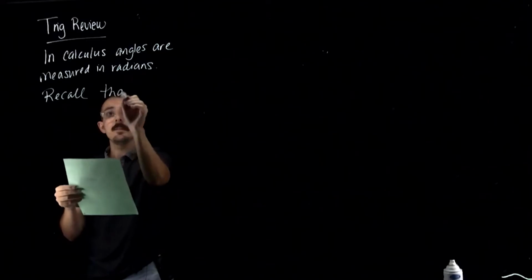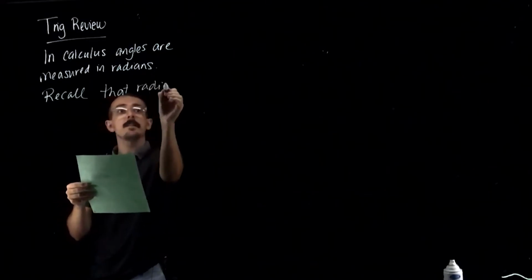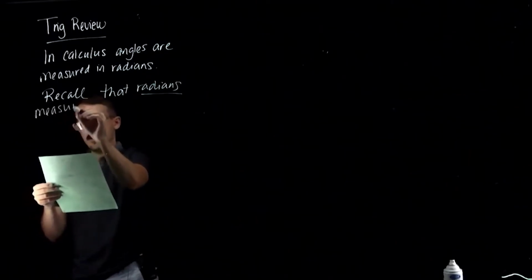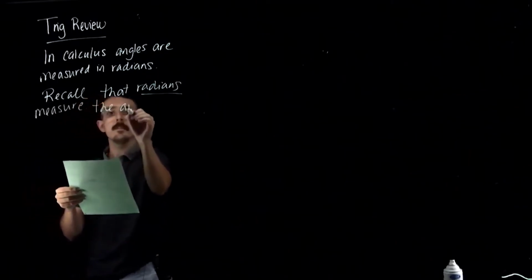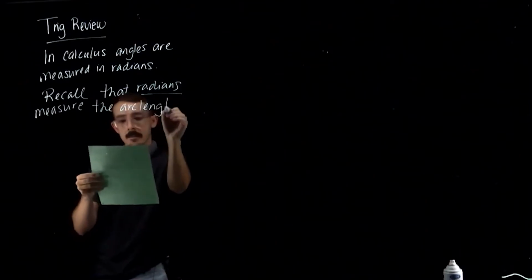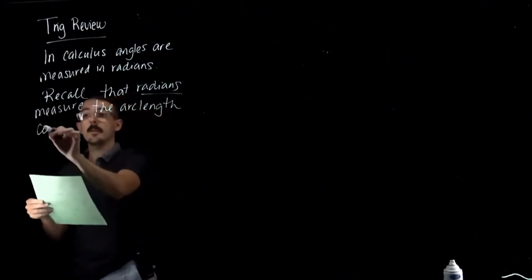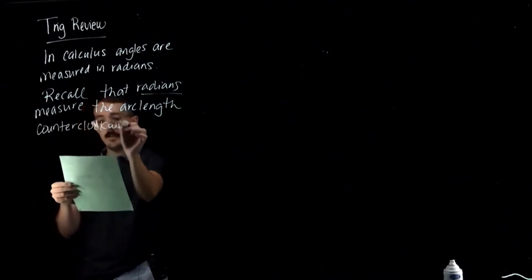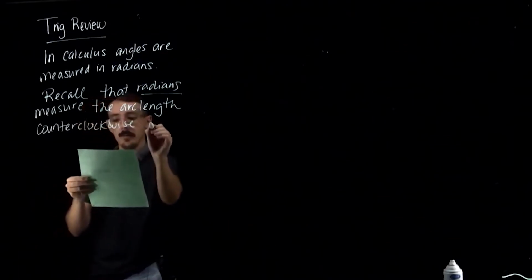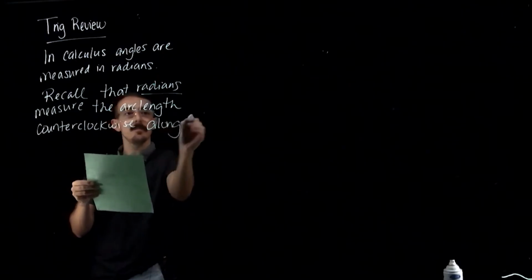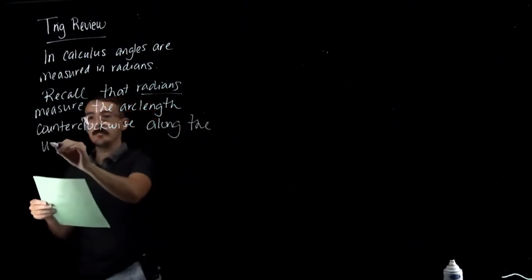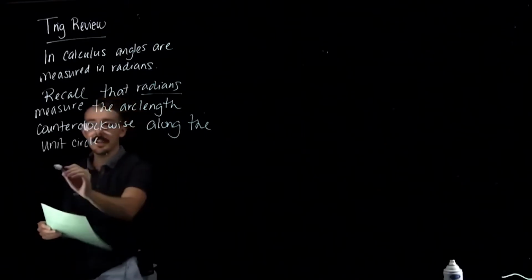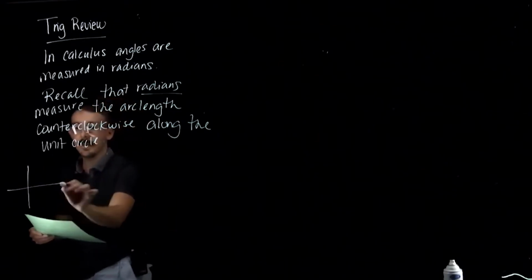So recall that radians measure the arc length counterclockwise along the unit circle. So if I just get a little sketch going here, I'll put it right over here so it's out of the way.